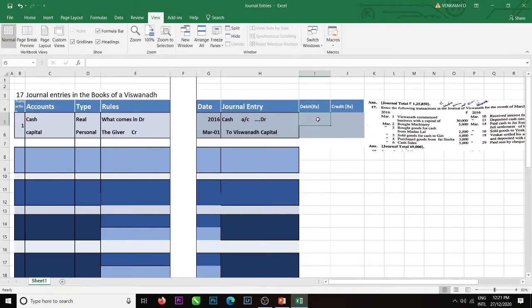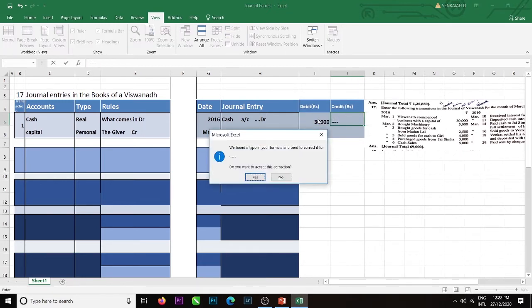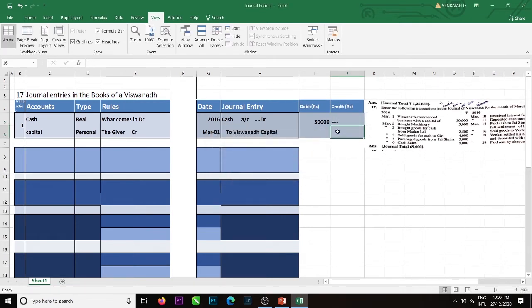Amount is 30,000. Credit amount is 30,000.